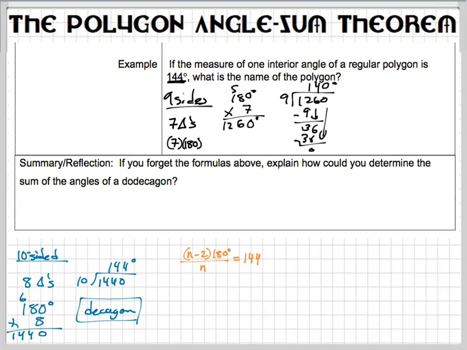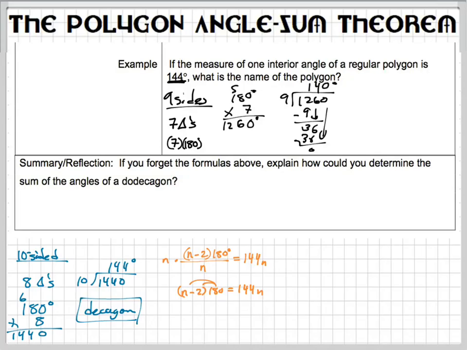So we could just set this equal to 144 and find out what n is. Once we know n, we know the name of the polygon. To get rid of this fraction, you multiply both sides by n. And so now you have n minus 2 times 180 equals 144n.